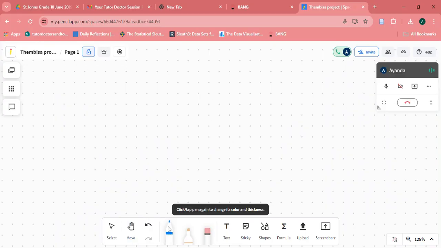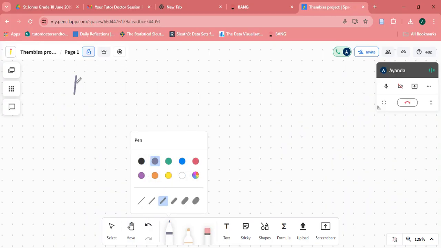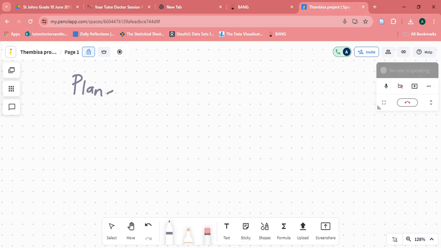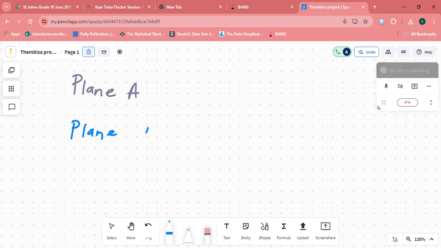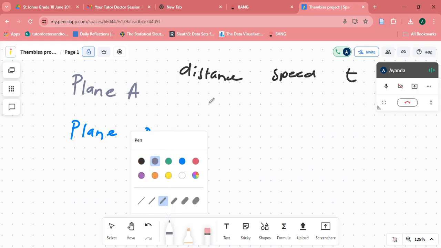So let's use purple for plane A and blue for plane B. And we're going to have distance, speed, and time. So plane A travels a distance of x.